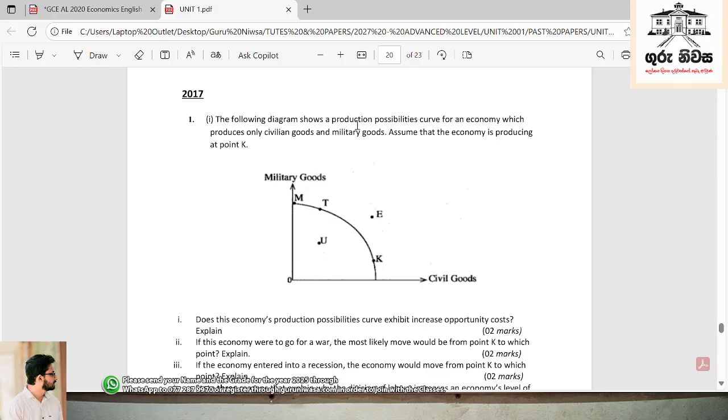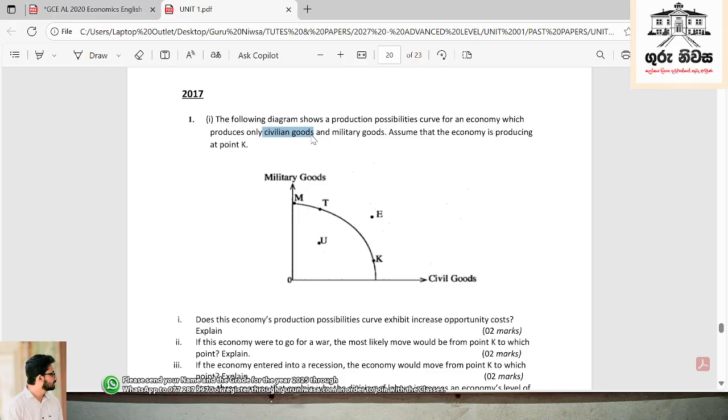Read the question, Lamai. The following diagram shows a production possibilities curve for an economy which produces only what two goods? Military and civilian goods. Civilian means food, clothes, consumer goods, what consumers need day to day.